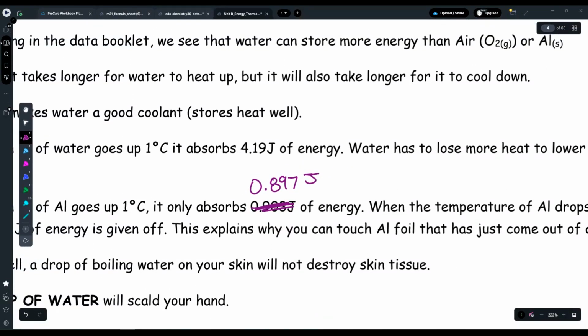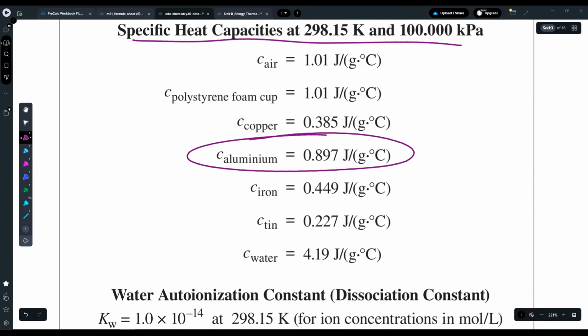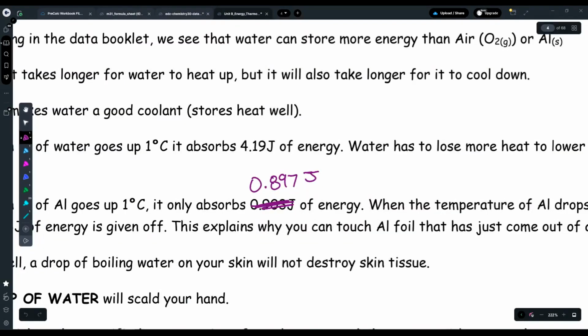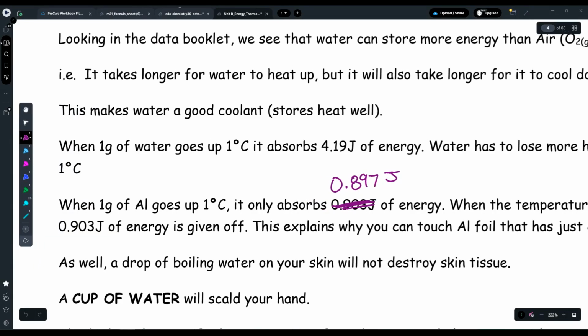Okay, and again, where we're getting this is from this right here, this specific heat capacity. But the reason why the units are different is because we're just talking about how much energy 1 gram of aluminum can absorb before it goes up 1 degree Celsius. Okay, so let's make sure we also change this to the correct number.